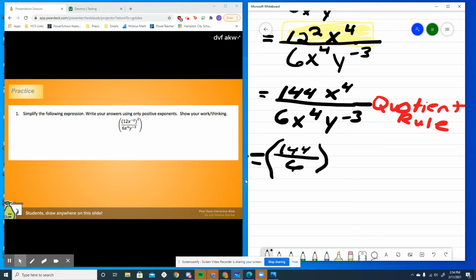And I need to add my exponents. I know 144 is my coefficient. My first exponent, so x to the fourth power.